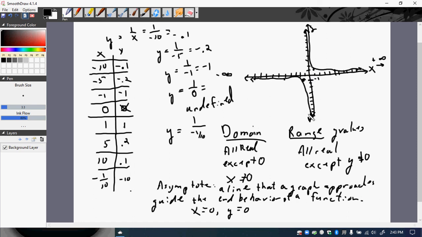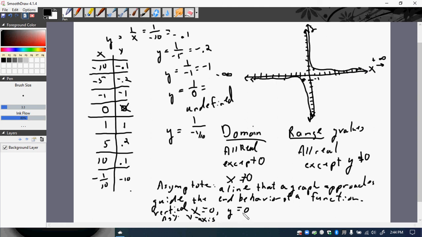So x equal to 0 means that if we're at the origin, x is 0, but then y can be anything. So that's this y-axis. So x equal to 0 is the y-axis. Okay? And so this is a vertical asymptote. And this y equal to 0, that means at the origin y is 0, but x can be anything it wants to be. So that's the x-axis.